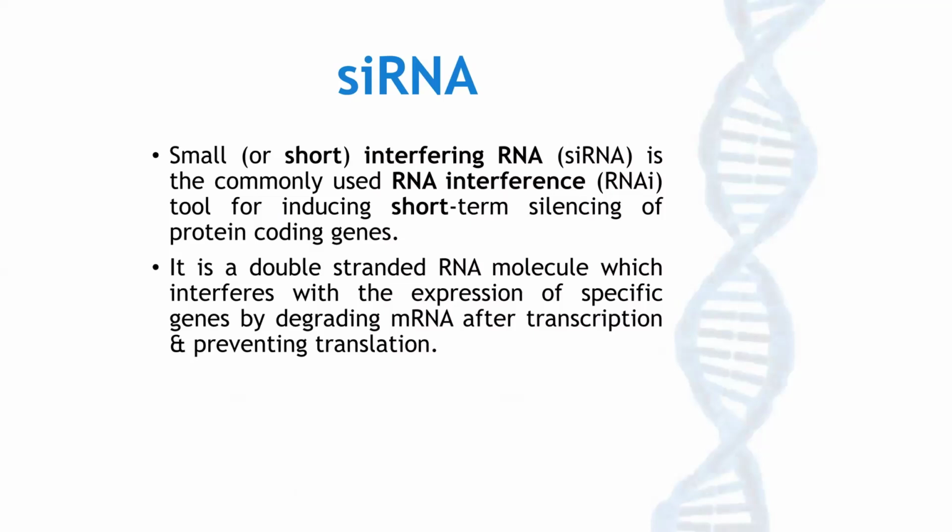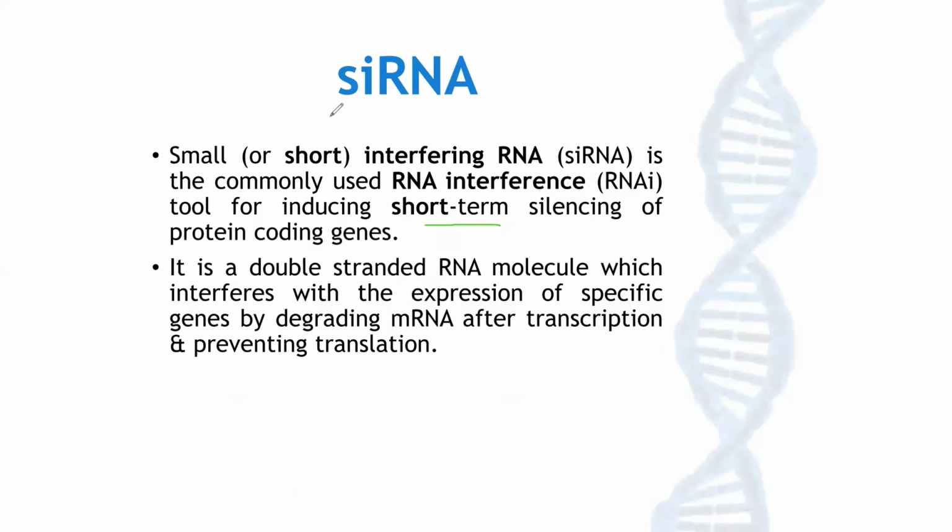While long-term gene silencing is a type of regulation in which the expression of the genes is blocked for a long period of time. So the short interfering RNA is the RNA interference tool for short-term gene silencing.